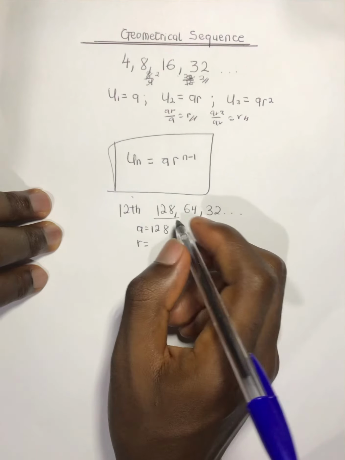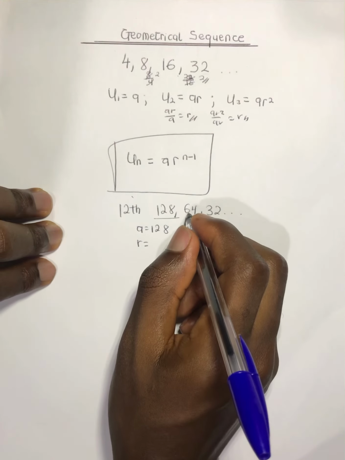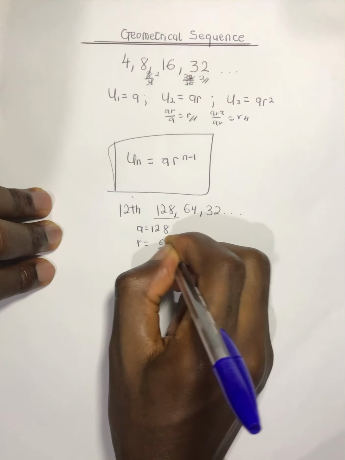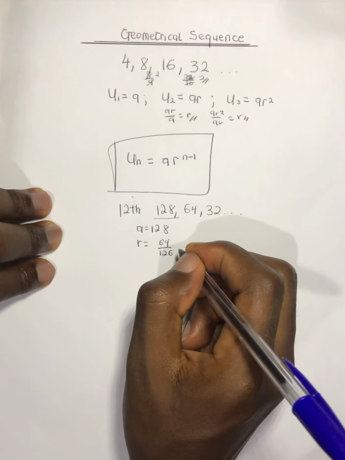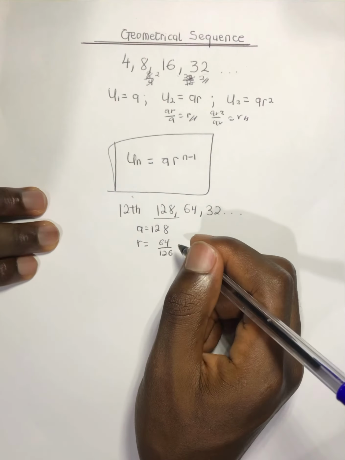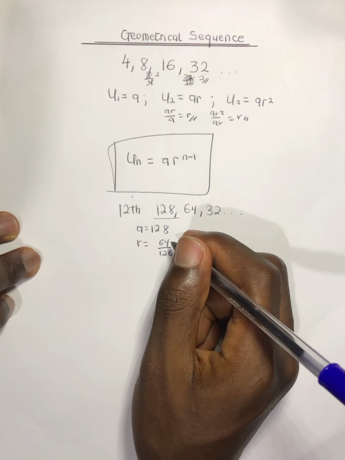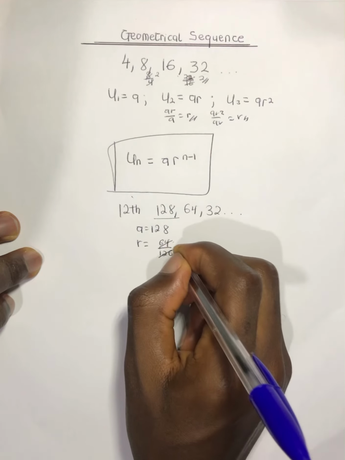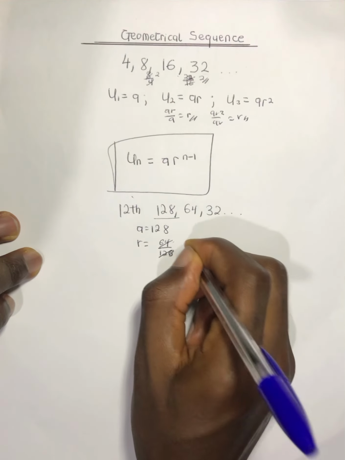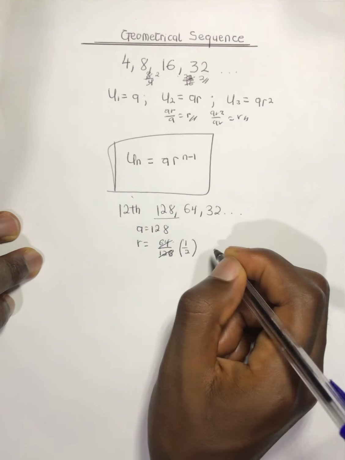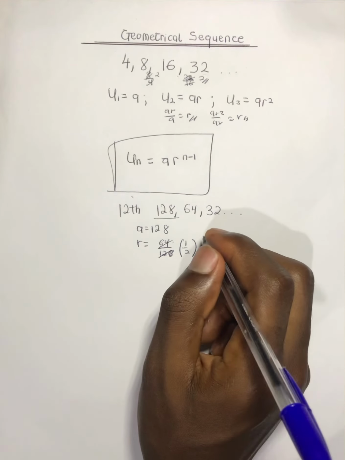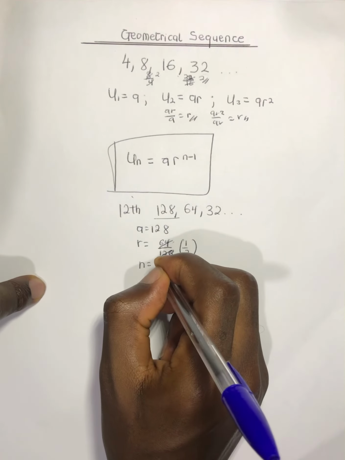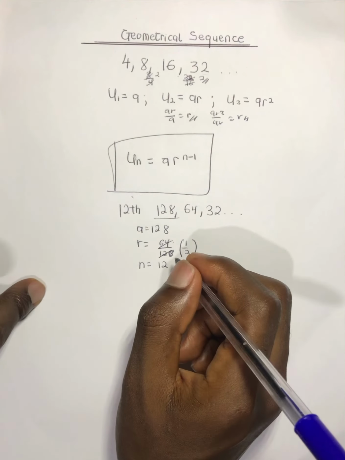Our common ratio, we take a term, divide by its preceding term to get our common ratio. And most students make this mistake, expecting the common ratio to be a number bigger than 1. It's not so. So we obtain our common ratio as half. And we've been asked to find the 12th term, so n is equal to 12.